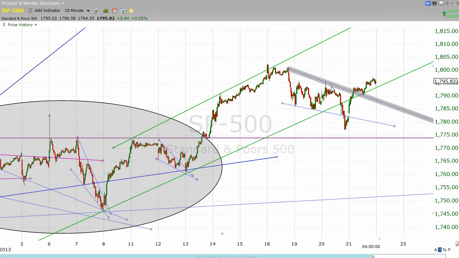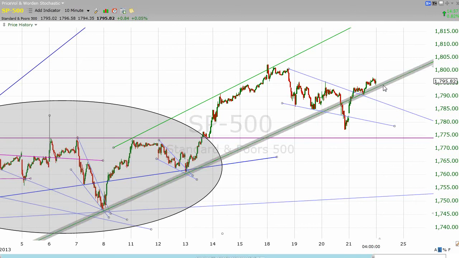So just to put it in a nutshell, it appears to me as if the S&P is trying to regain what it lost late yesterday in the day, and regain this channel. But I have to also tell you that we are just barely over this line, but it's looking pretty good.